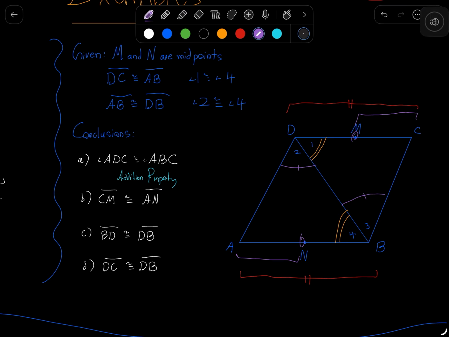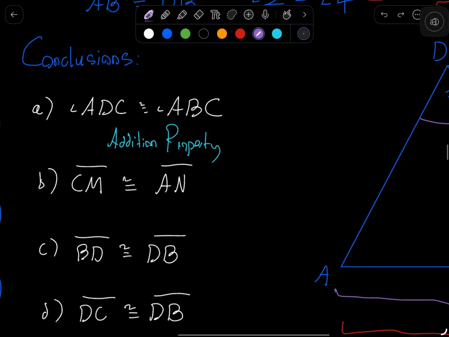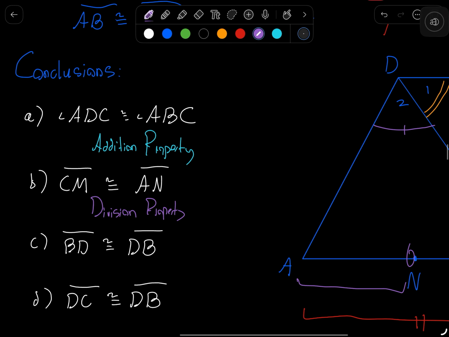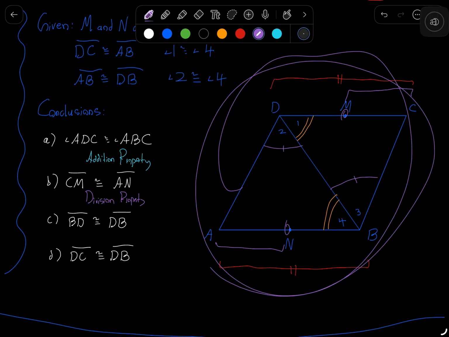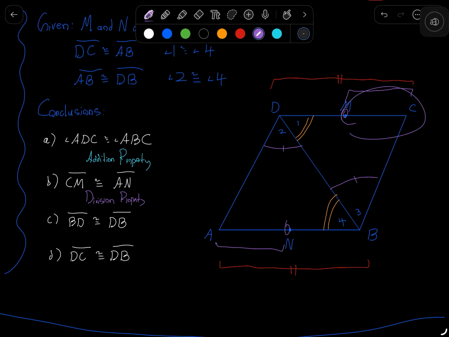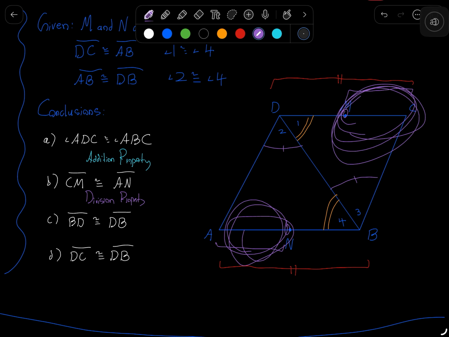Remember, whenever we have midpoints in a problem, and we're trying to prove that something smaller is congruent, given that something bigger we already know is congruent, that's a very strong cue that we have to use the division property. Because if two segments are congruent to each other, then their like divisions are congruent. In this case, those two are congruent, and those are the divisions.